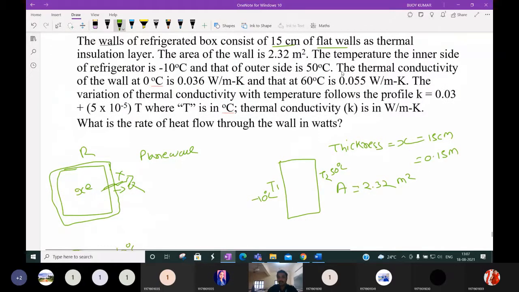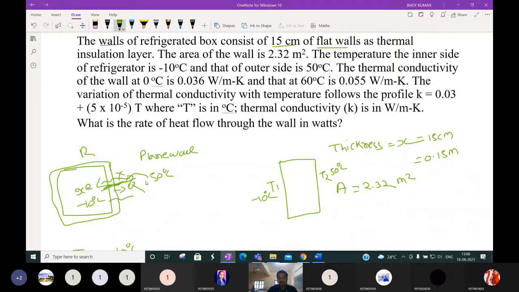Okay. Inside ice is there. Ice temperature is generally low, that is minus 10 degrees centigrade. But outside temperature during summertime it may be 50 degrees centigrade. So what we have to do is keep the ice constant. So we have to reduce the heat loss, or we can say the entry of heat from outside to inside.